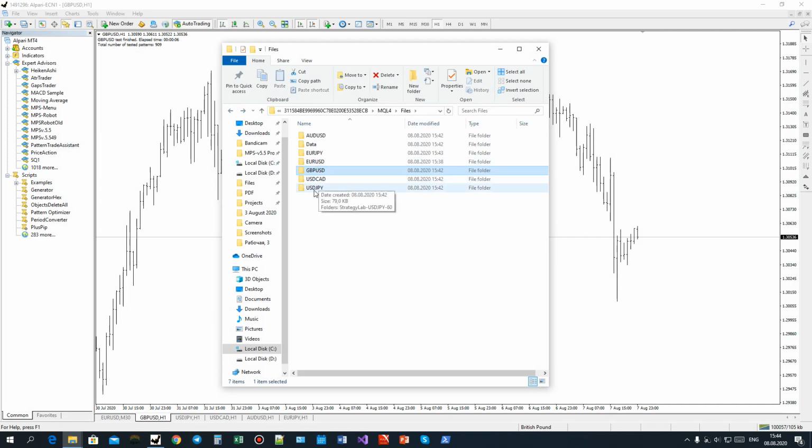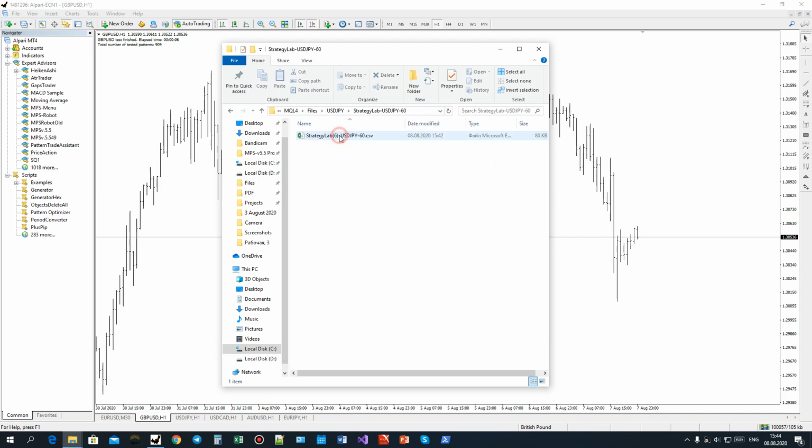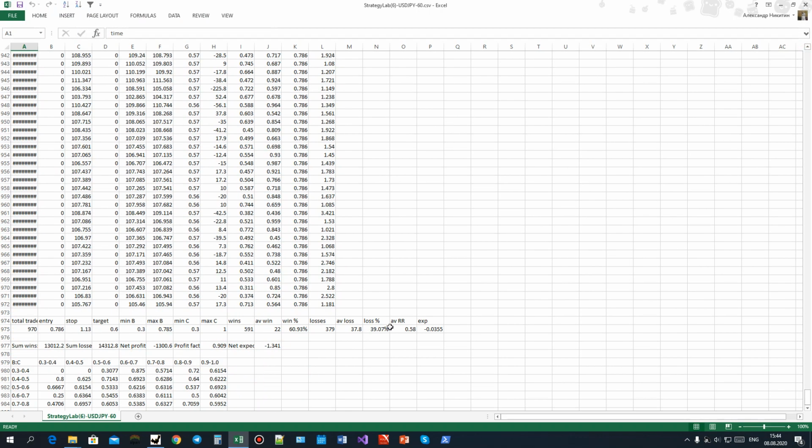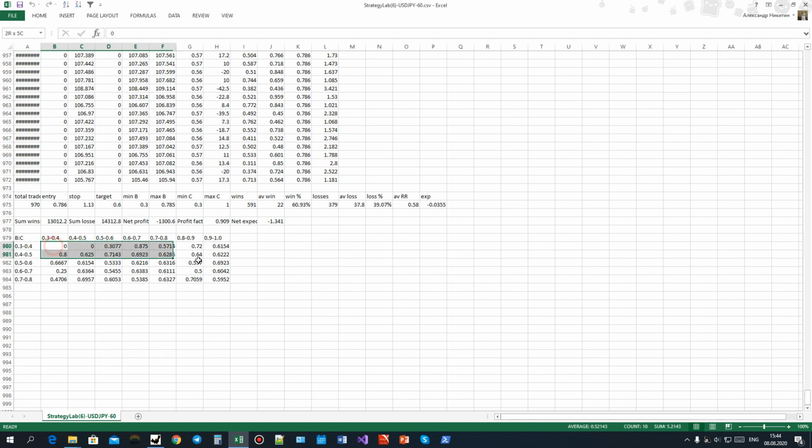Going back, what was that? Dollar yen. Dollar yen, strategy lab 60. So we go to the bottom. Okay, so turn them into percentages. Now we go to formatting that.